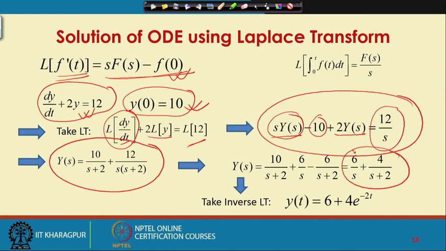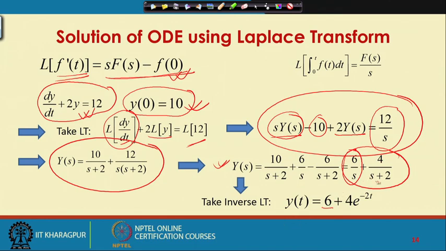So, I have to take the inverse now to get y t. I have an algebraic expression Y(s) because it is a Laplace transformation. Now, to get back y t, I have to take the inverse of this. The inverse of 6 by s: 6 into 1 by s, and 1 by s is the Laplace transformation of 1, so the inverse of 6 by s will be 6.